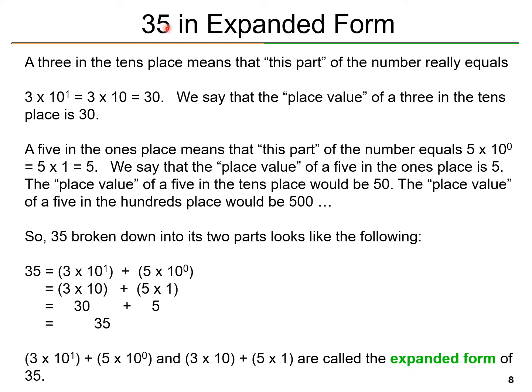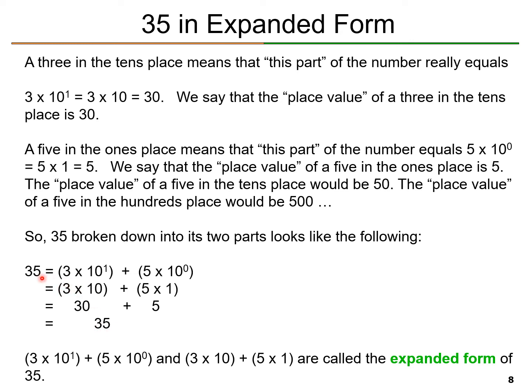So 3 times 10 to the power 1 is the same thing as 3 times 10, and 5 times 10 to the power 0 is the same as 5 times 1. So we got 30 plus 5 is 35.